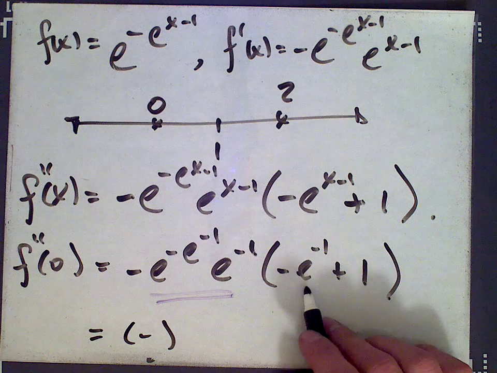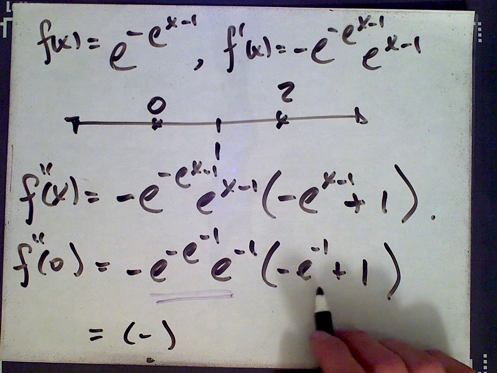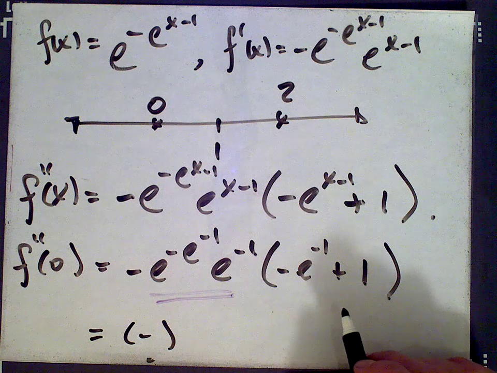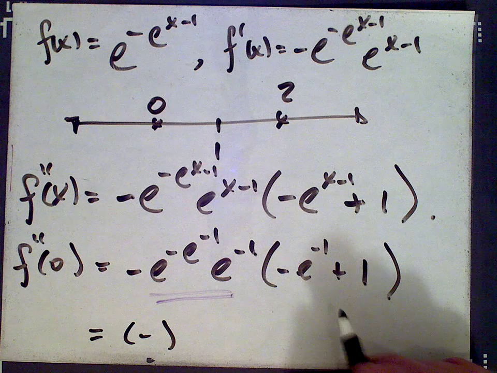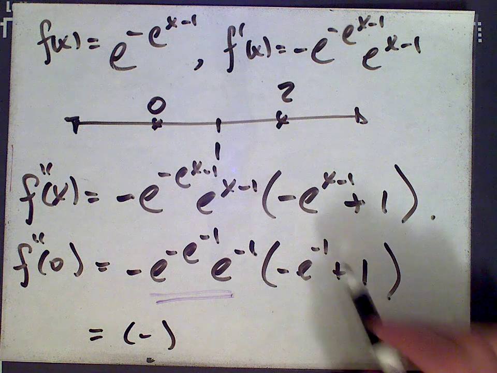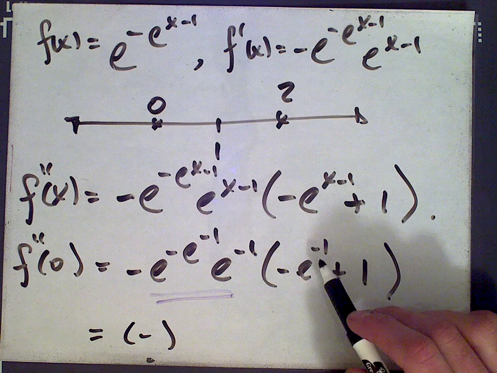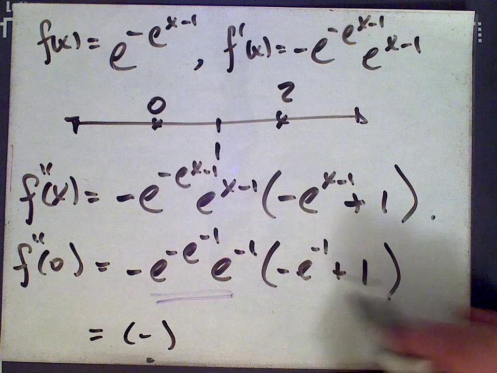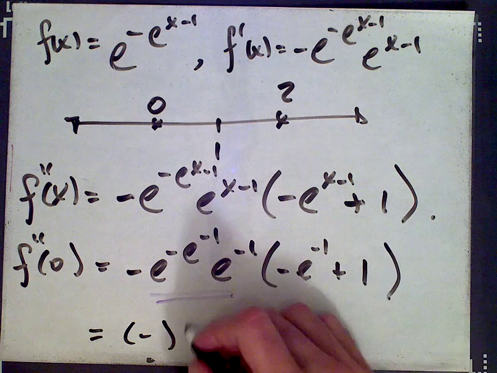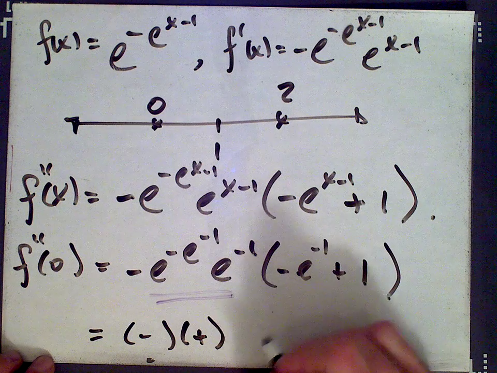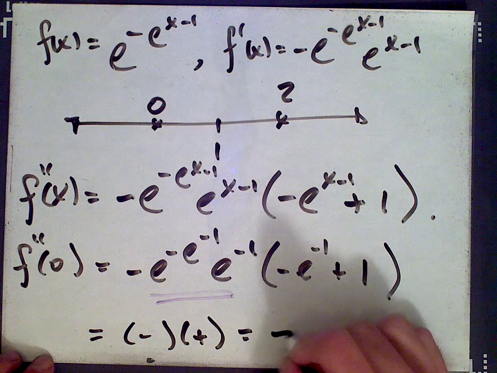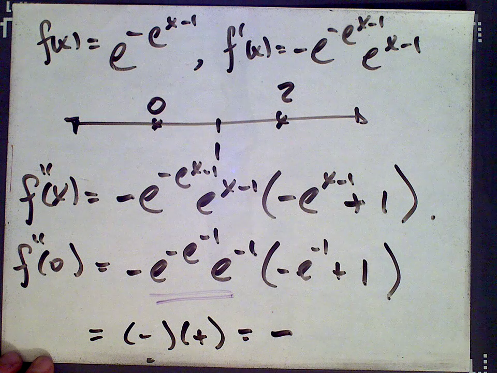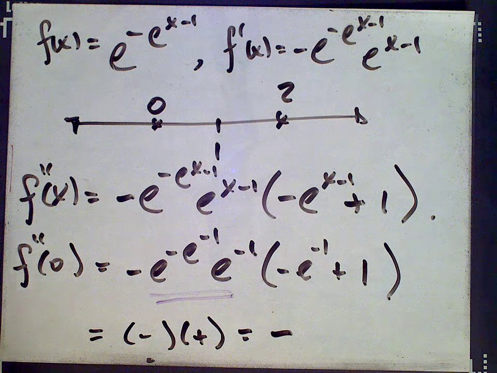And then what about here? Well, plug it into your calculator. e is about 2.7, so this is close to a half or a third. So it's negative a half or a third or somewhere around there, plus 1, which is going to be positive. And so we get a negative value for the second derivative at x equals 0.